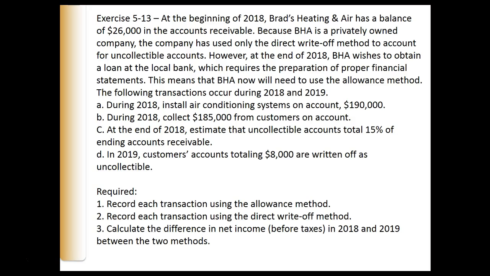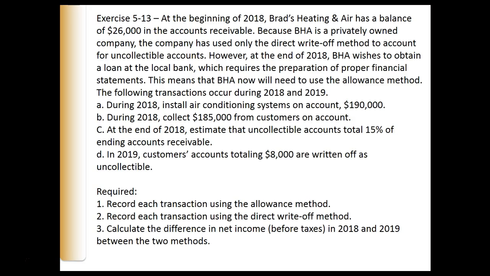A, during 2018, install air conditioning systems on account, $190,000. B, during 2018, collect $185,000 from customers on account. C, at the end of 2018, estimate that uncollectible accounts total 15% of ending accounts receivable.